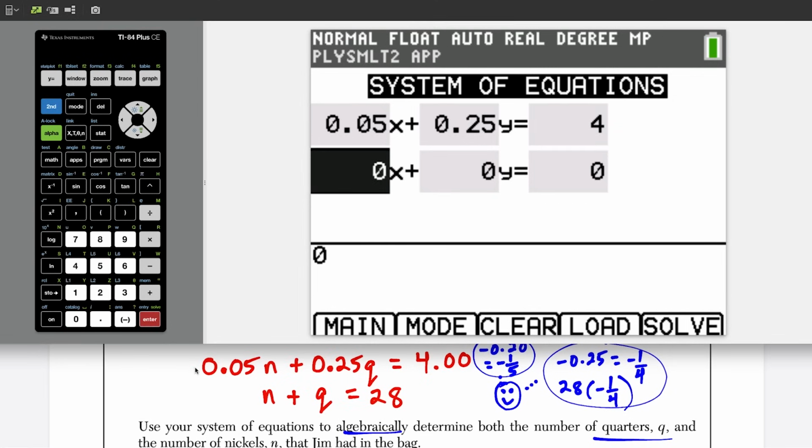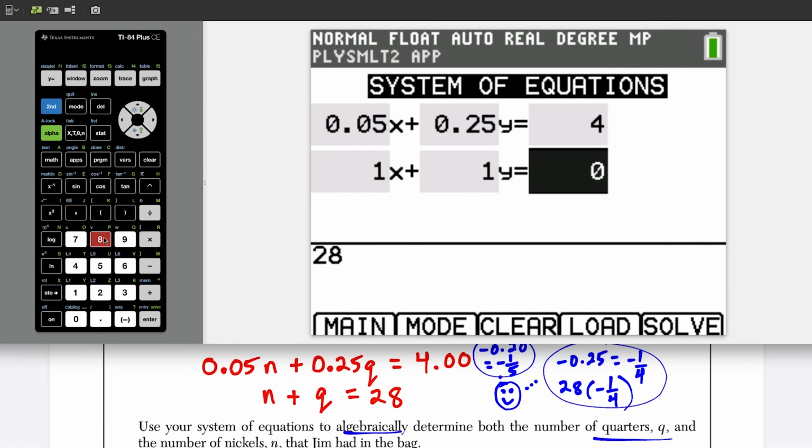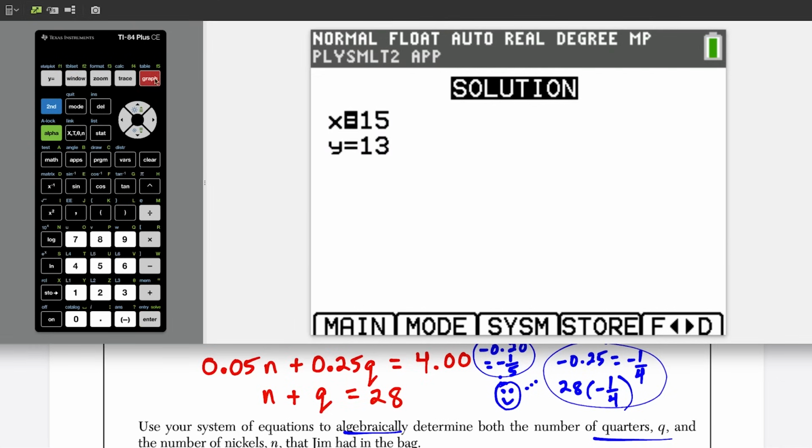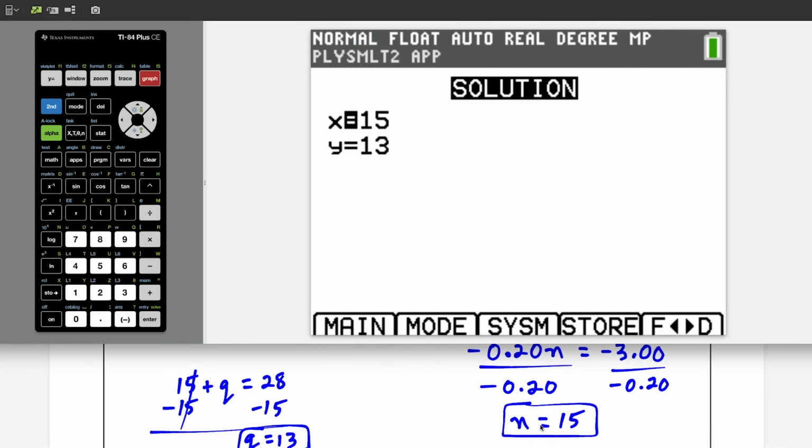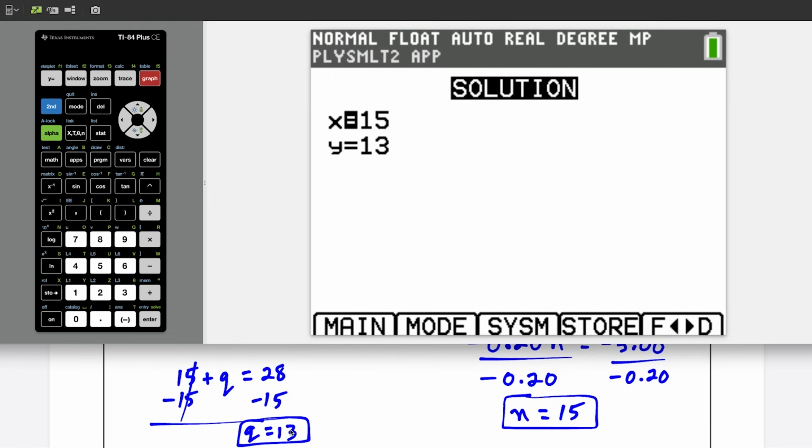And then in the next line, we have 1x plus 1y equals 28. Okay, so I'm just entering everything in. And now to solve, I press graph. And notice that it gives us that n is equal to 15. See, it gives us exactly what we had over here. n is equal to 15, and y is equal to 13. Okay, so our work checks out.